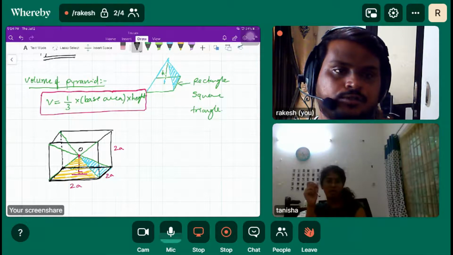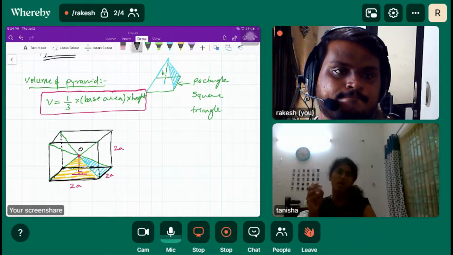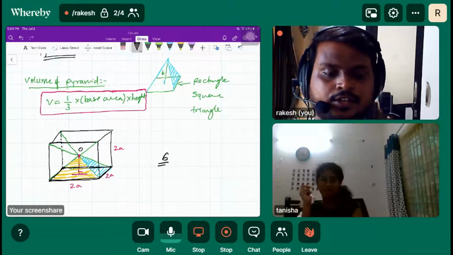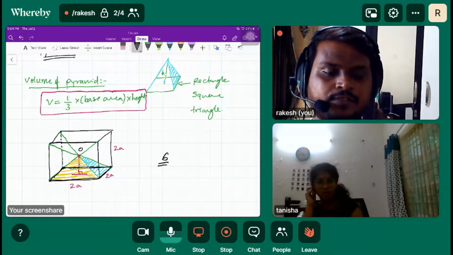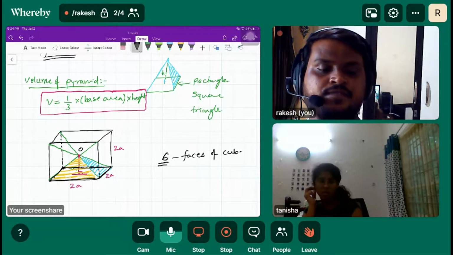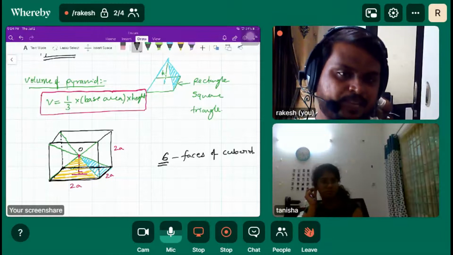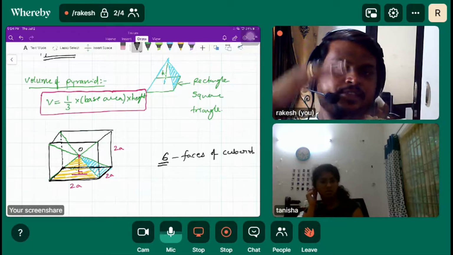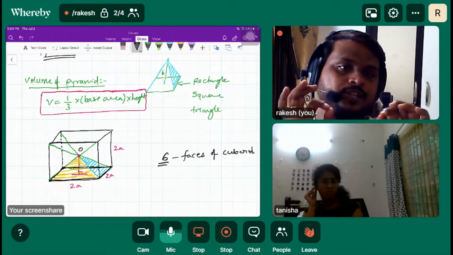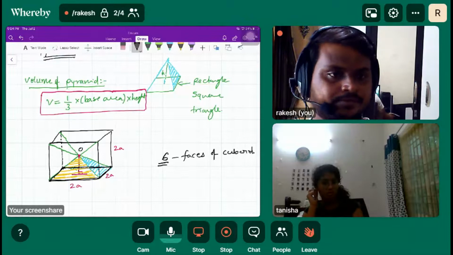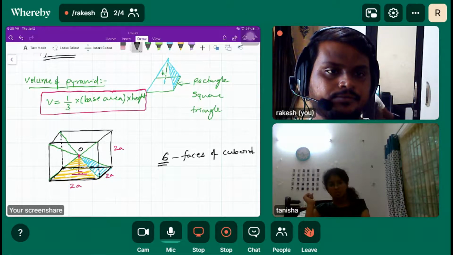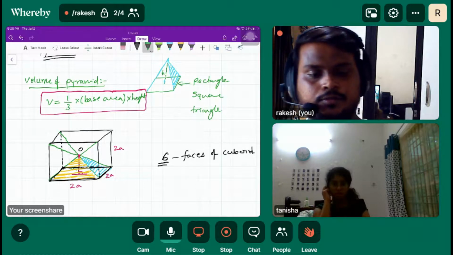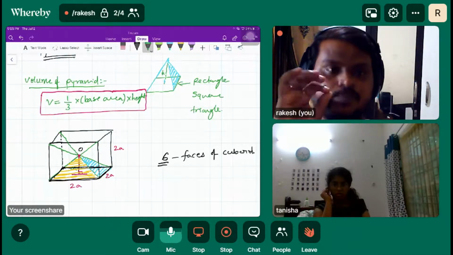Six, if we include all. We have six faces of the cuboid. Each of the six faces will act as a base for a pyramid. So if you imagine, you will find six pyramids inside this cube.